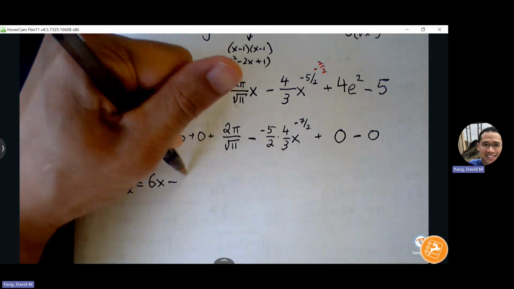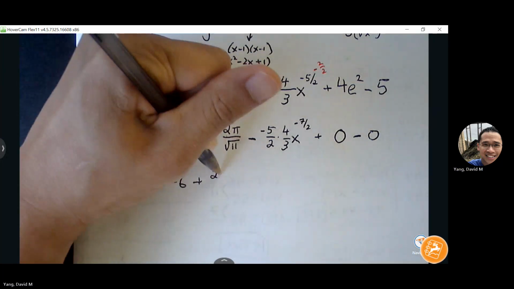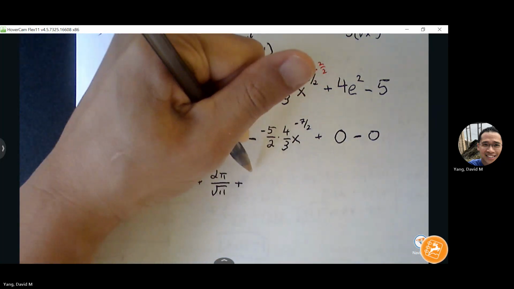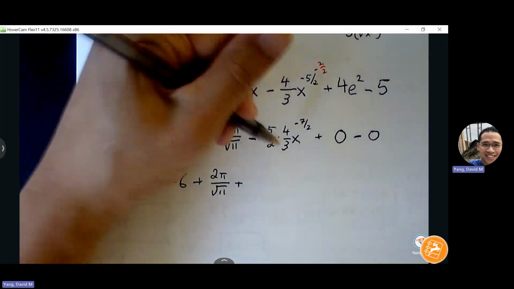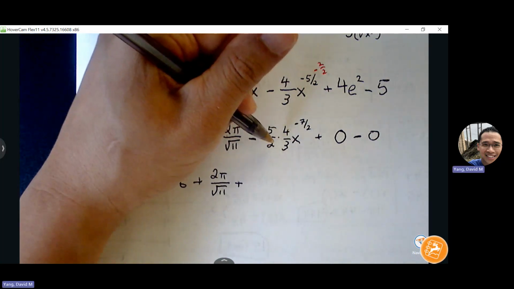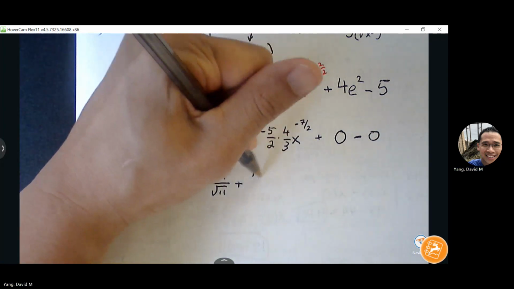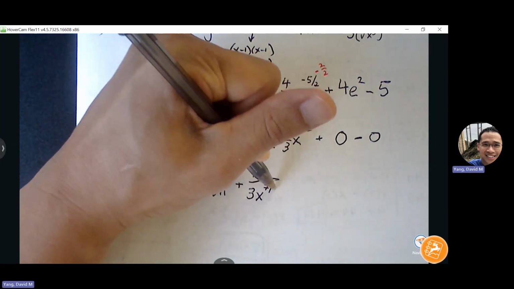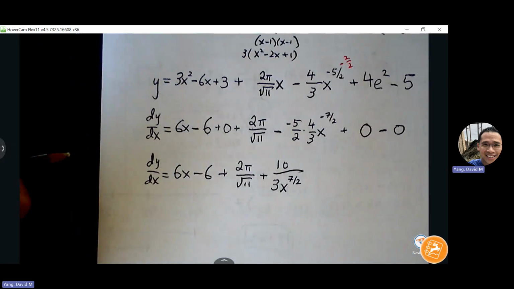Okay, so we're just cleaning up here. 20 over 6 can reduce to be 10 over 3. And I just want my exponent showing positive, so I'm going to push that x down below as well.